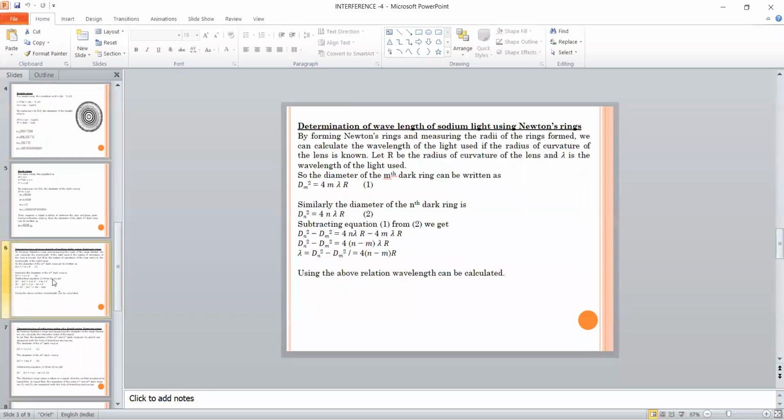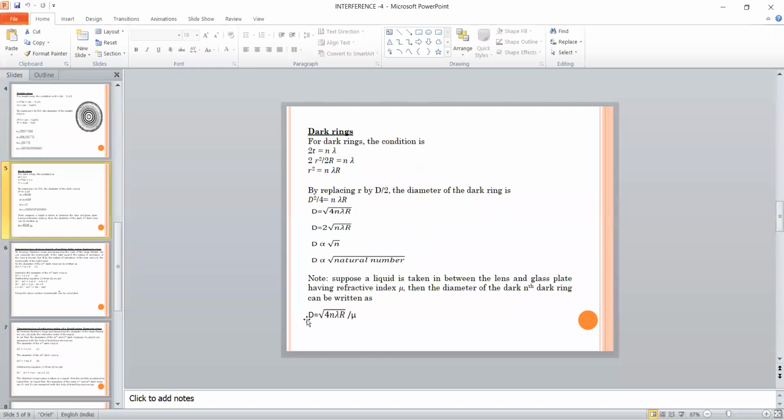So that's why the diameter of the dark ring formula changes. Actually, this is the diameter of the dark ring formula in the case of air as a medium, that is, this is the plano-convex lens and this is the glass plate.